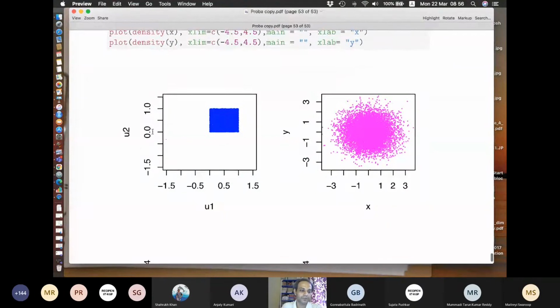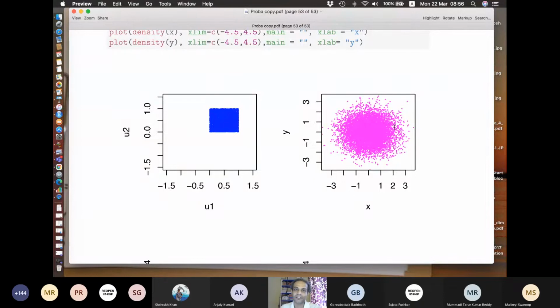As you can see, U1 and U2 follow the uniform distribution on 0 to 1, and this blue square represents the same thing. And after the transformation that we will discuss now, you can have the scatter plot of the normally distributed random variables. They are independently distributed and they are standard normal marginals.